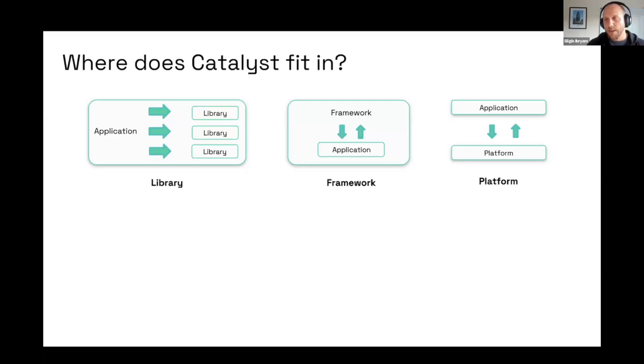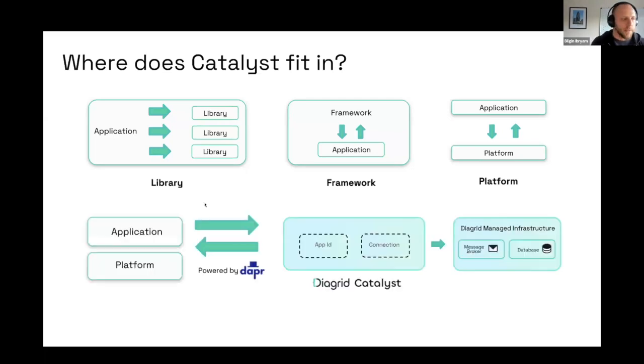The idea of Diagrid Catalyst is basically to give you the same level of benefits that a framework gives you, but without its limitations. For example, by now you know that Catalyst is not running your application. So you would run your application on some kind of a platform, choosing your preferred language or even framework, on preferred compute, and you call Catalyst APIs.